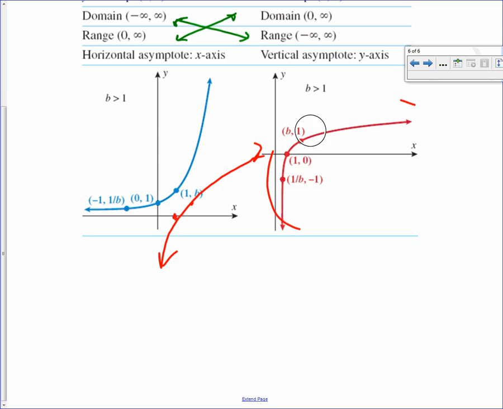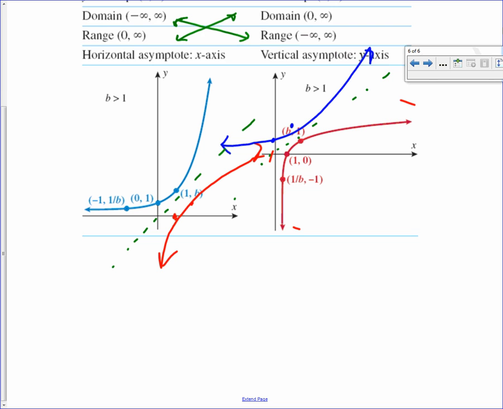I'm going to do the same thing over here on the logarithmic graph. Let's graph the exponential on top of it. The exponential goes through (0, 1). It goes through (1, b), and it looks like that. What do you notice about those two graphs when we graph them together?